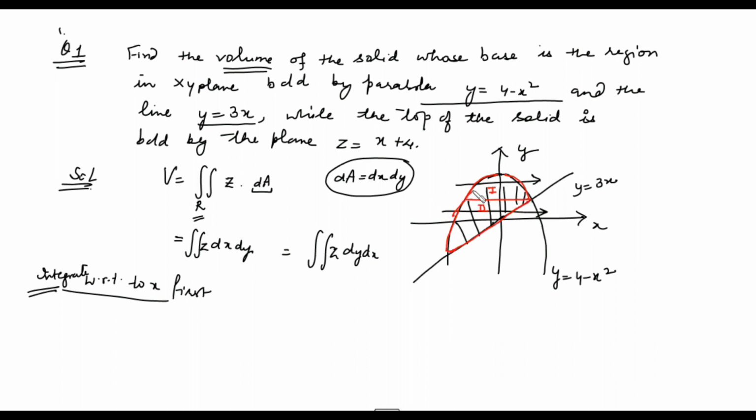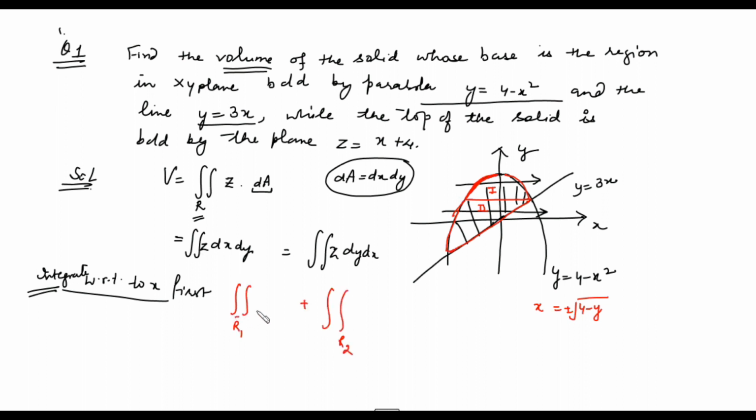Now what is the equation of x over here? Since this is y is equal to 4 minus x square, our x will be plus minus square root of 4 minus y. So here the value of x is negative and here the value of x is positive. So if you want to integrate with respect to x first, our region is split into two regions, region 1 and region 2.